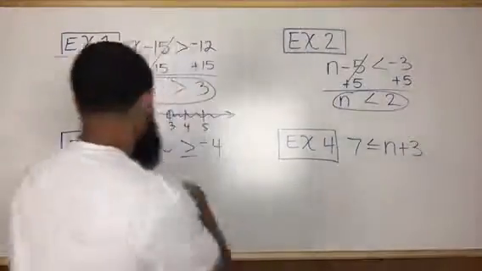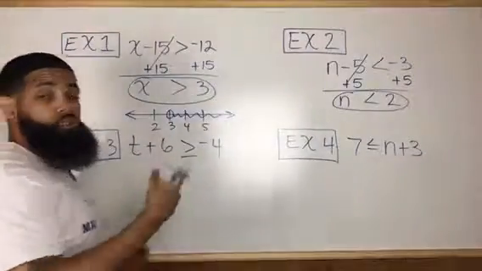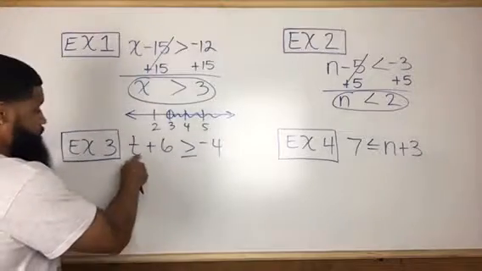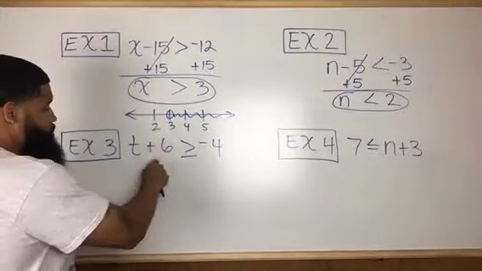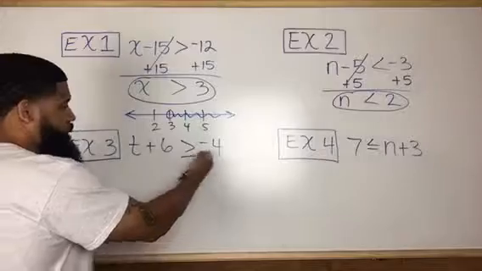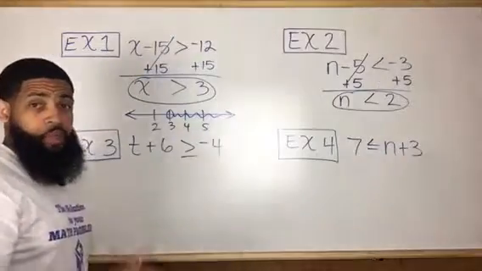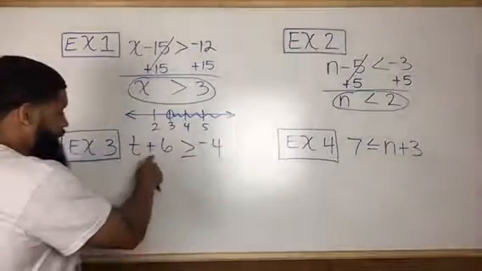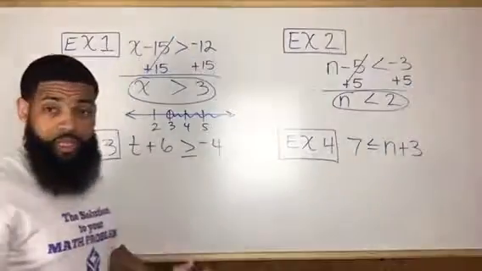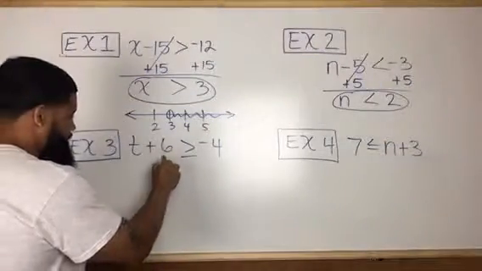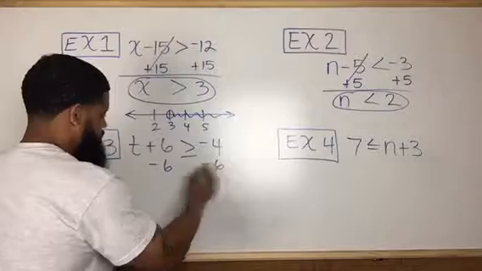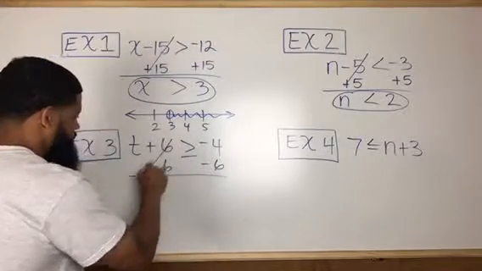Here, we're going to use the subtraction property of equality now because we want to get t by itself. So t plus 6 is greater than or equal to negative 4. Well, the opposite of adding 6 is subtracting 6. So we're going to subtract 6 here, subtract 6 there, and these cancel.